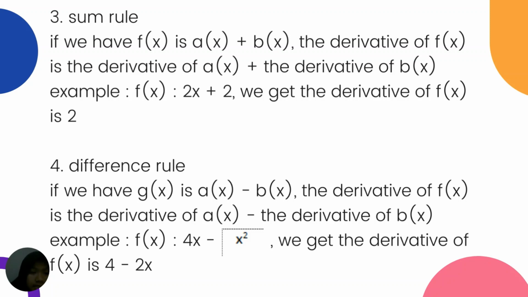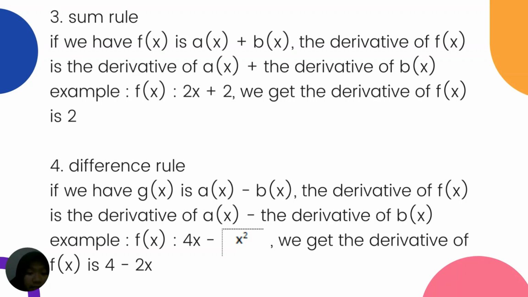Okay, the next is the difference rule. If we have g x is a x minus b x, the derivative of g x is the derivative of a x minus the derivative of b x.